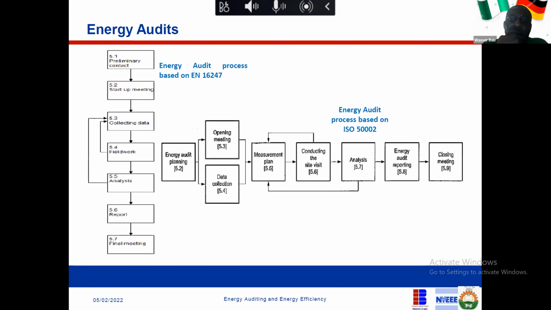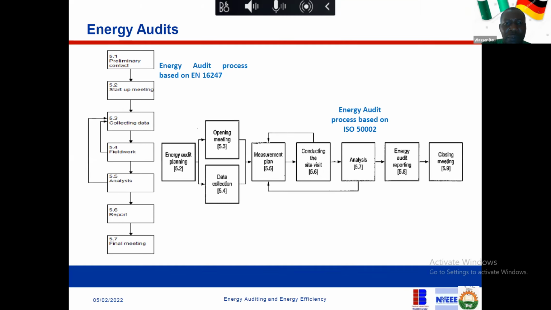Now, let me give us the step-by-step approach in carrying out audits. What you have on your left is based on EN 12647, and what you have on your right is based on ISO 50002.